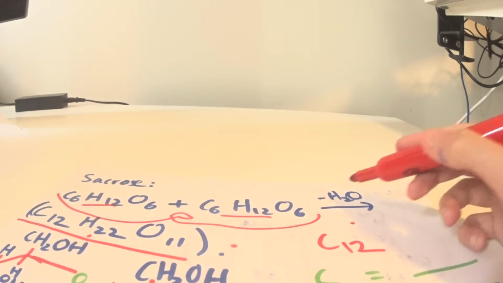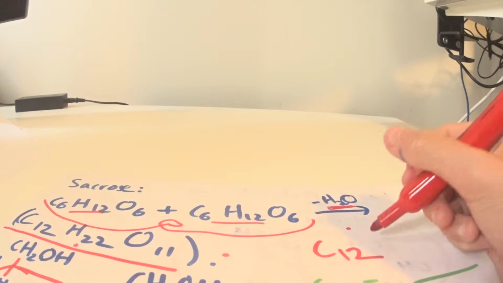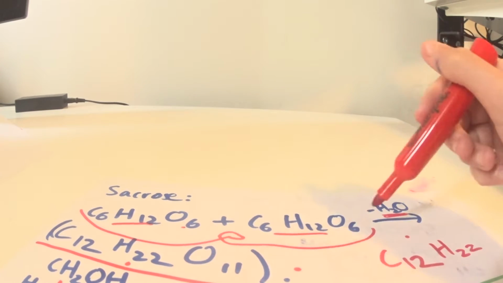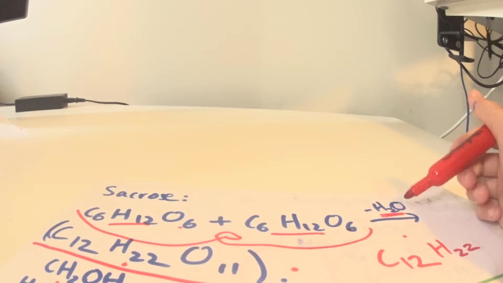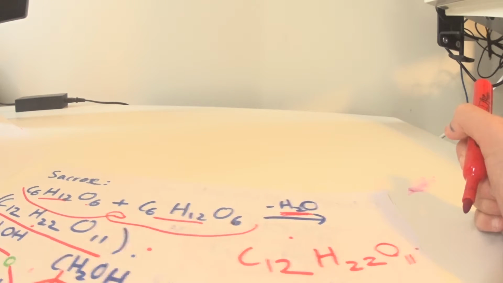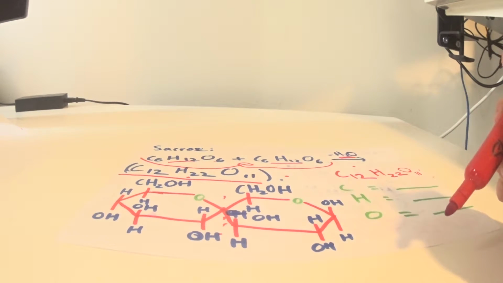Because we're getting rid of 2 hydrogens, as stated up here. So it's going to become H22. 24 minus 2 is 22. Then O6 plus O6 gives us O12, minus 1 oxygen from up here, it's going to give us O11. So there you go.